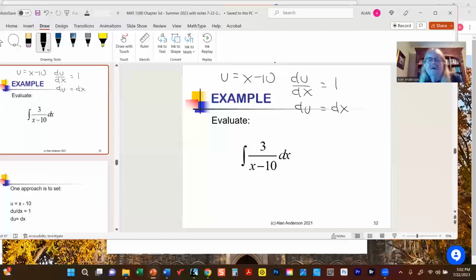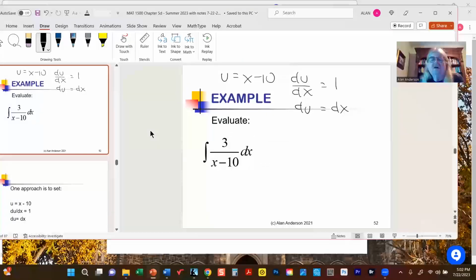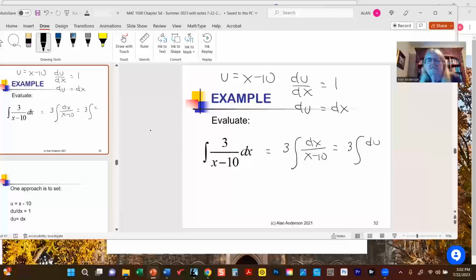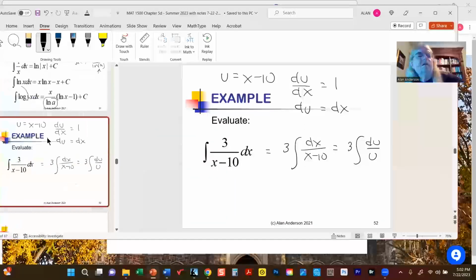So what do we have here? Let's move this 3 on the outside, as we often do. Okay, so yeah, we were right. This is a logarithmic integral.